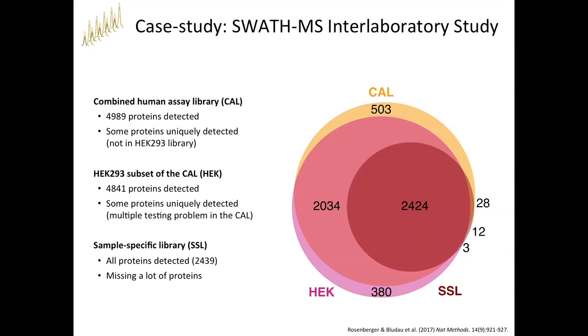And you can see that there is a very small difference. And this can be explained by the fact that for the combined human assay library, you have some more opportunities because you have a larger library, and a few of the proteins that are not represented in the HEC subset might actually be really there in your sample.